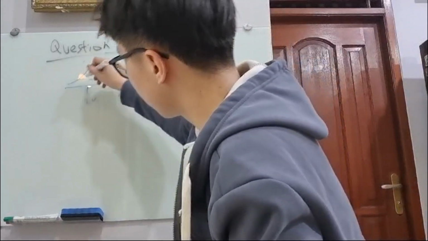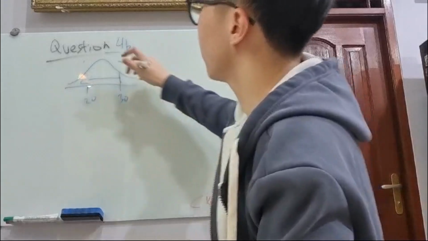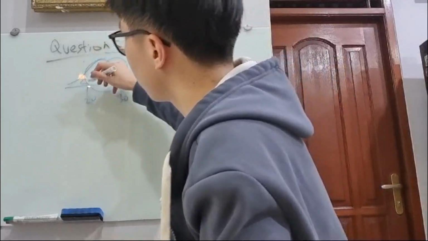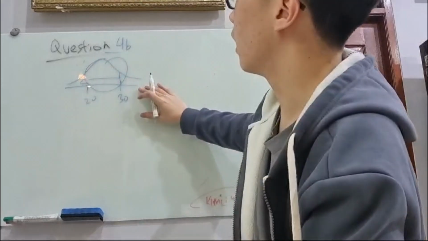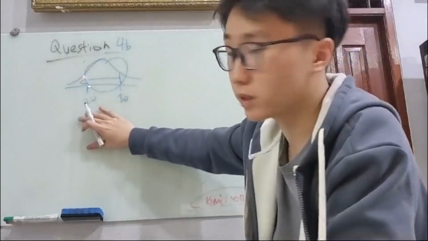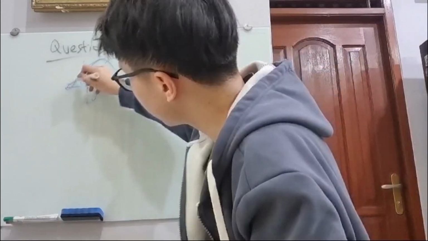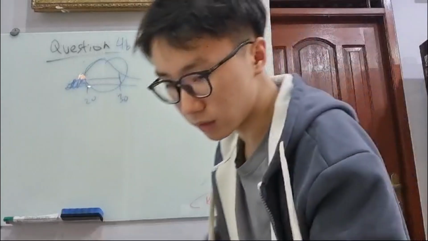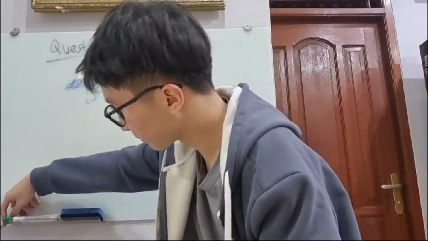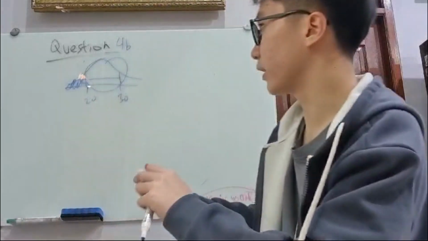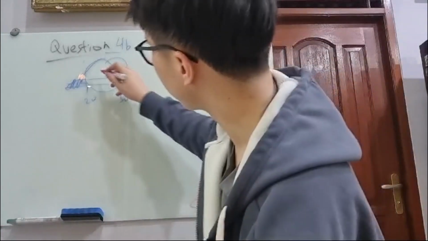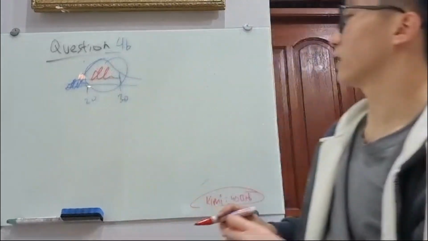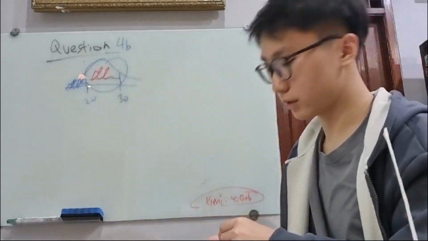And this covers the area here, but we want the middle area between 20 and 30, so we need to subtract the 20 area, which covers this side, from the 30 area to get the middle area, the area we want.